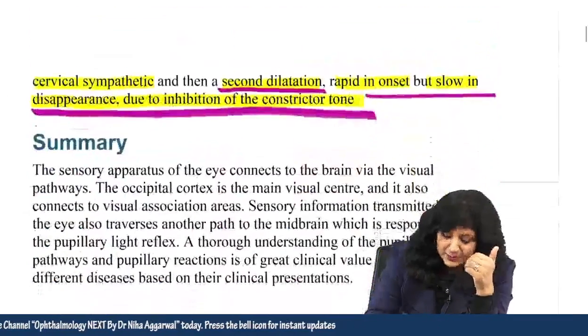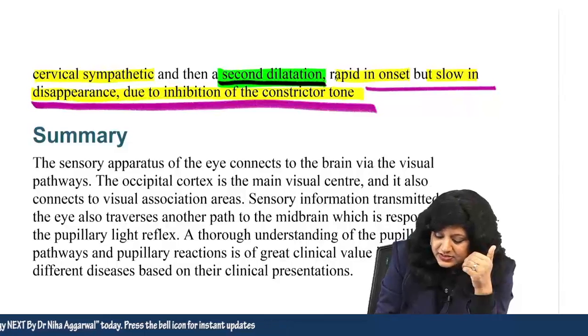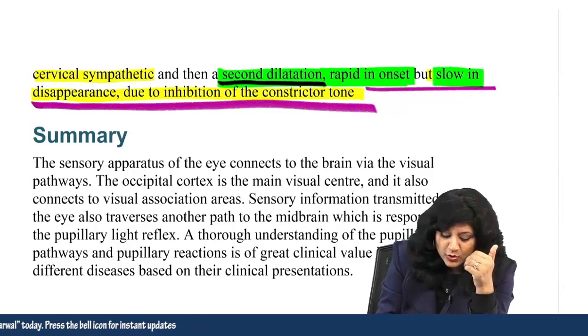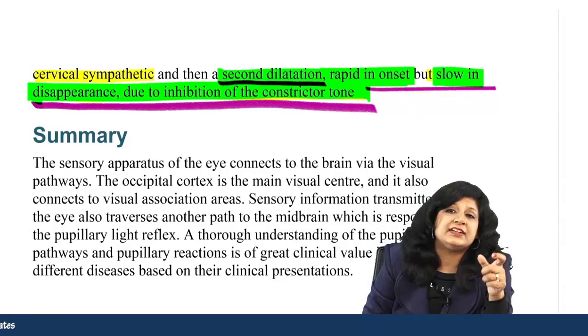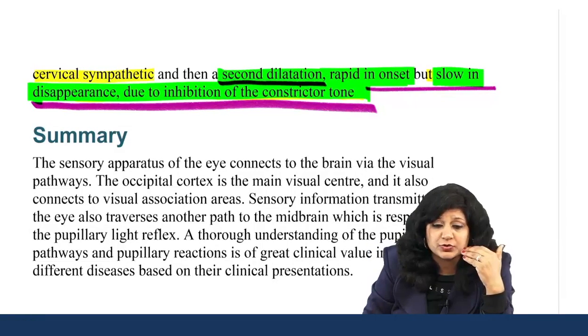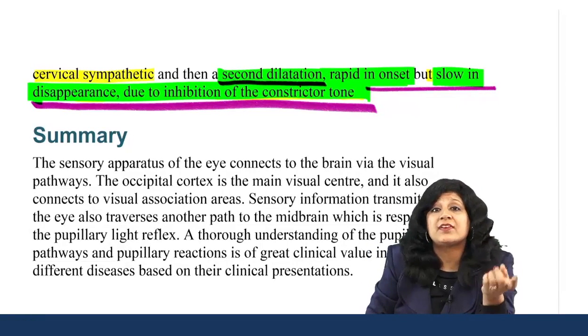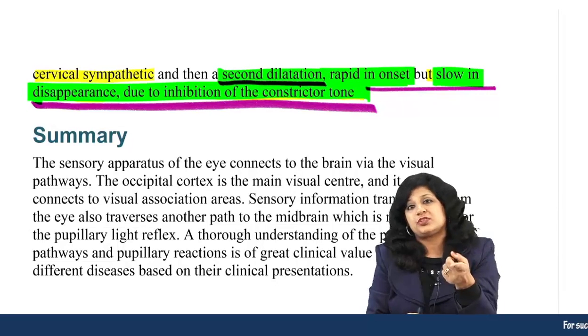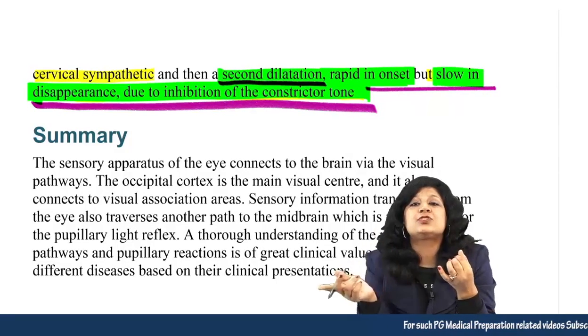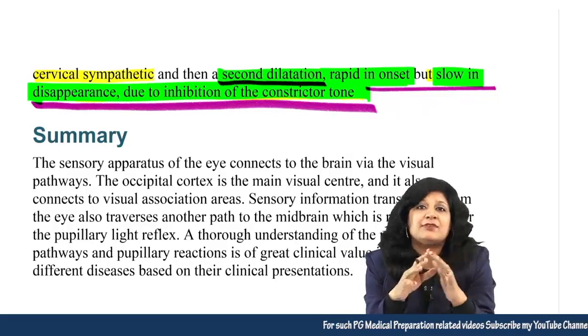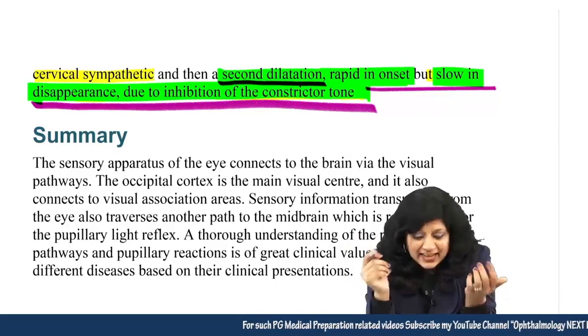But the second dilatation is rapid in onset but slow in disappearance, because this is not due to the effect of the dilator pupillae, rather it is due to the inhibition of the constrictor tone. So first is due to the dilator pupillae, and second is due to the inhibition of the constrictor pupillae, and finally you get a long sustained dilatation.